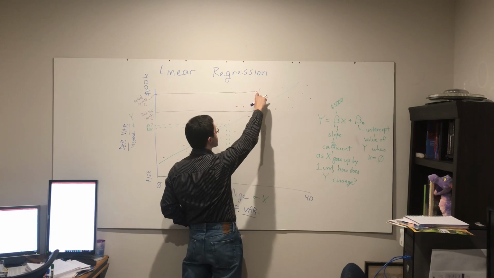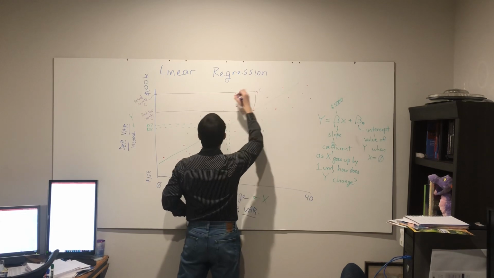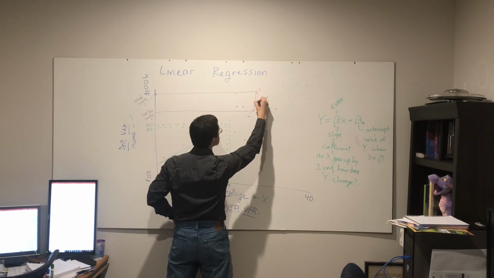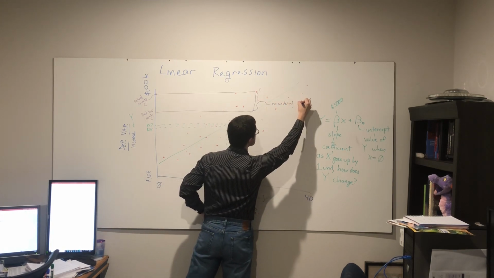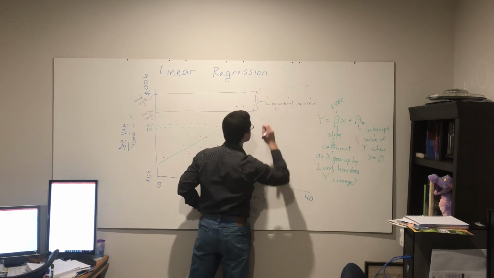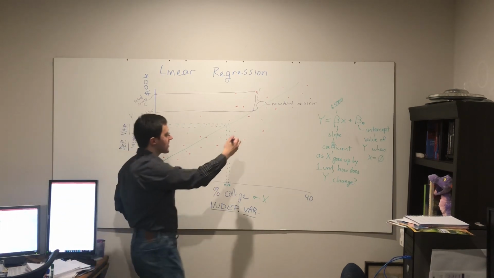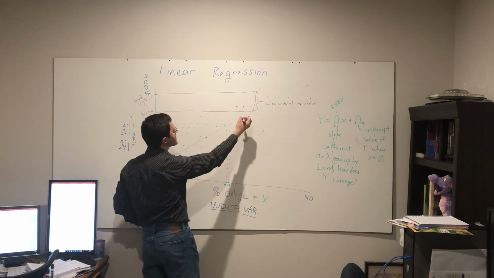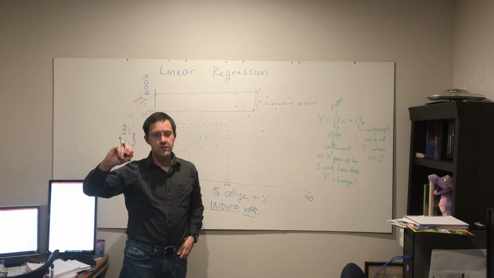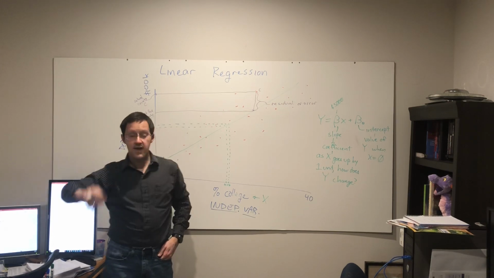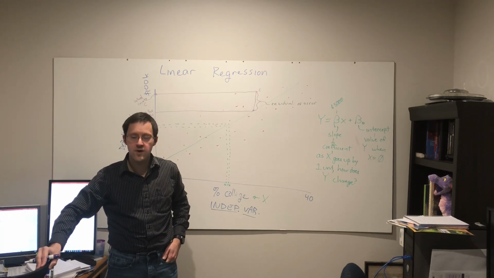This distance, whether you look at it over here or over here, is the residual or the error in that prediction for that county, for that observation. Since that error is pointing down, it's negative. Our residual is negative. I underpredicted where it was.